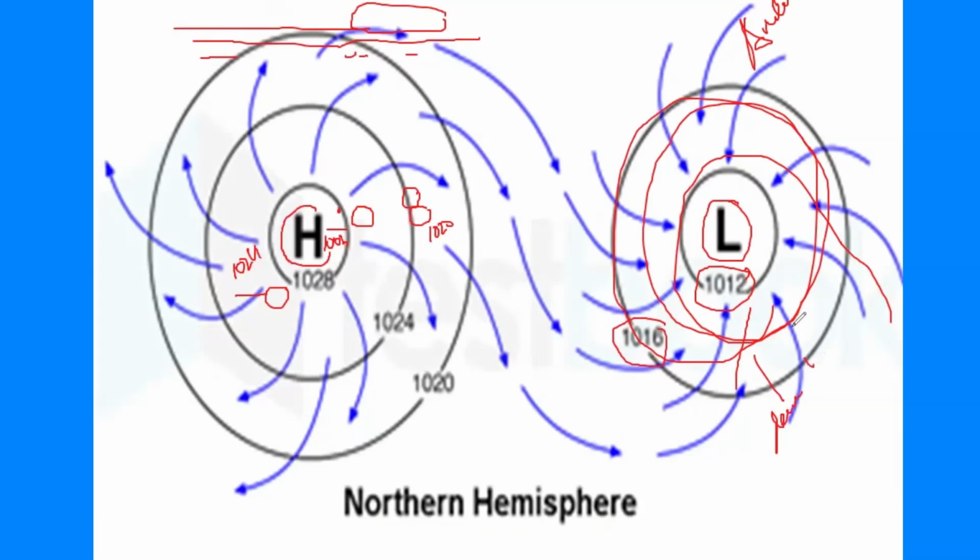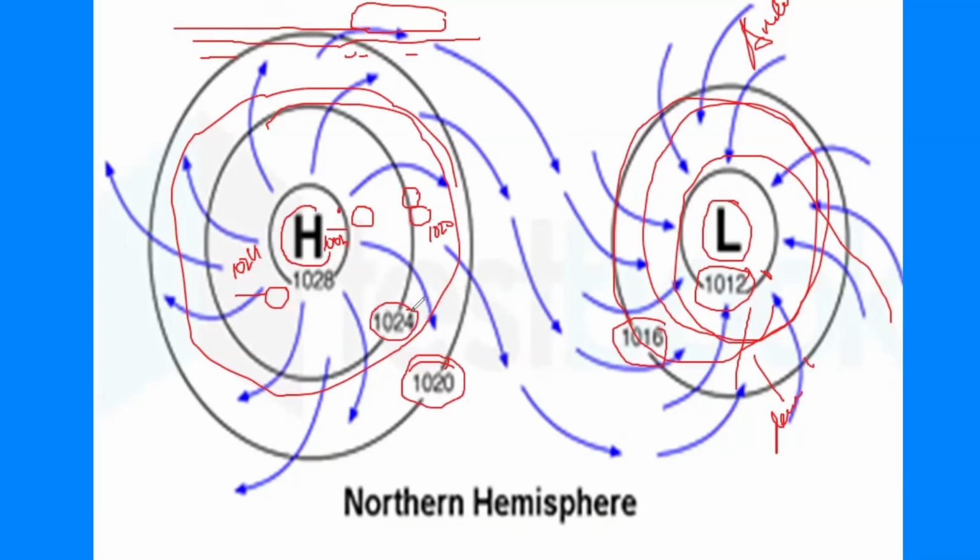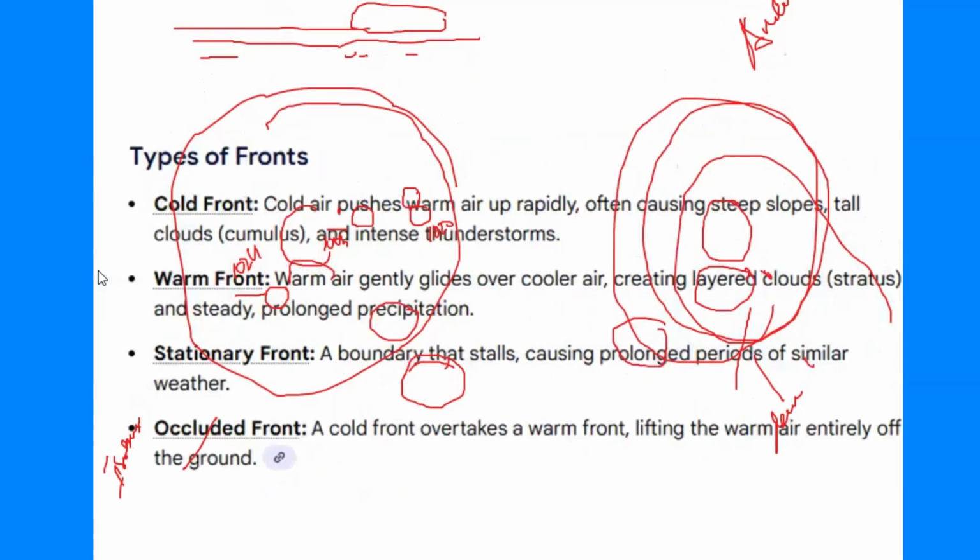Look at the lines, because our focus is the lines. Now, when the wind is blowing clockwise, this arrow shows the clockwise, the pressure is increasing: 20, 24, and 28. And these we call isobars. Isobars are the lines that show the air pressures. So far, I think it's clear to you, right?